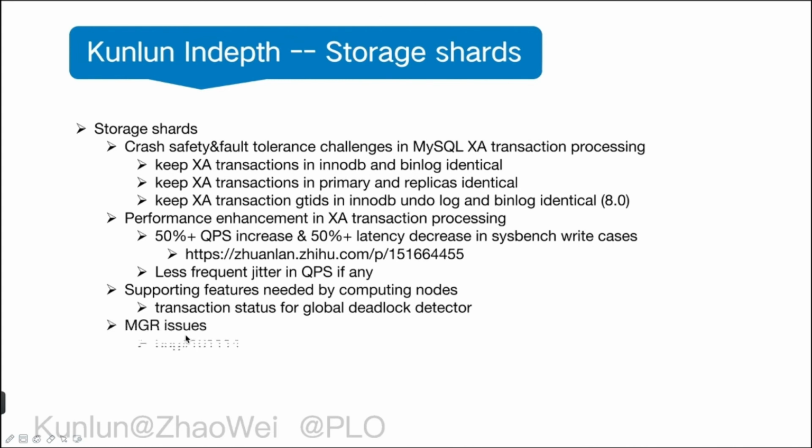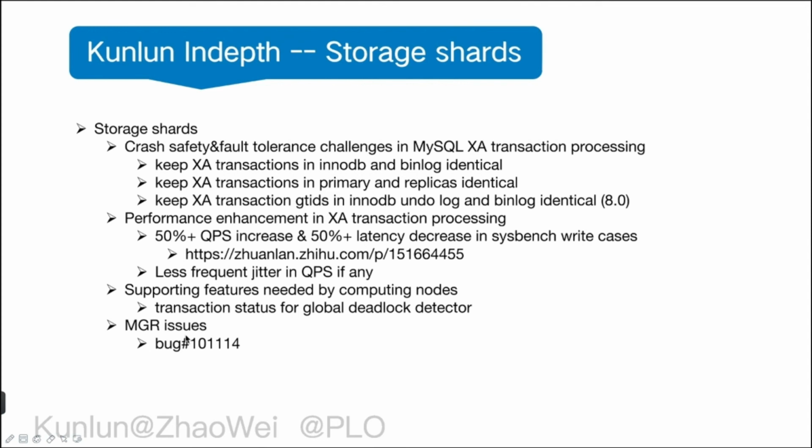Also, in Kunlun Percona MySQL, we enhanced its performance. At most 50% QPS increase and 50% latency decrease can be observed in Sysbench read cases. This article has details about this performance improvement. We improved its performance so that there will be less frequent jitter in QPS.